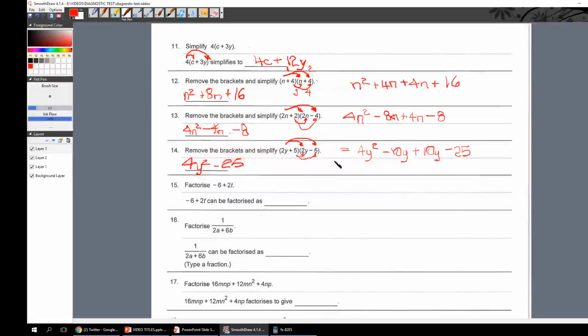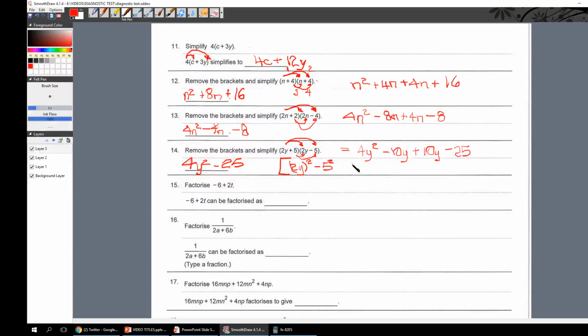And that's what we call a square minus a square. I'll just put it in square brackets here. That's actually 2y all squared minus 5 all squared.